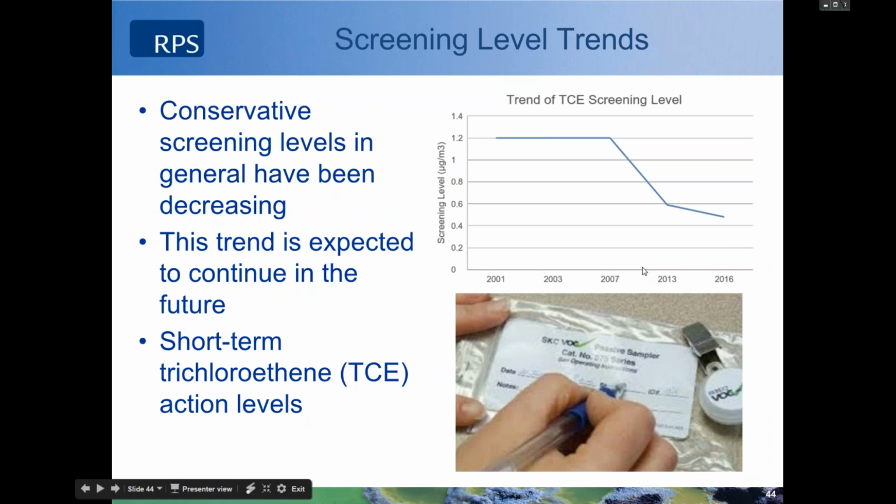Okay, so we're at the end of the talk where we have just a couple random slides here, and then we'll be done. So, we have all these different agencies that we have screening levels from, and they change them all the time. It's like they move the goalposts, which is really fun when your project's almost over and then the goalpost moves. So this little graph at the top here just shows that the 1 in a million cancer risk number for TCE itself has been coming down over the years.